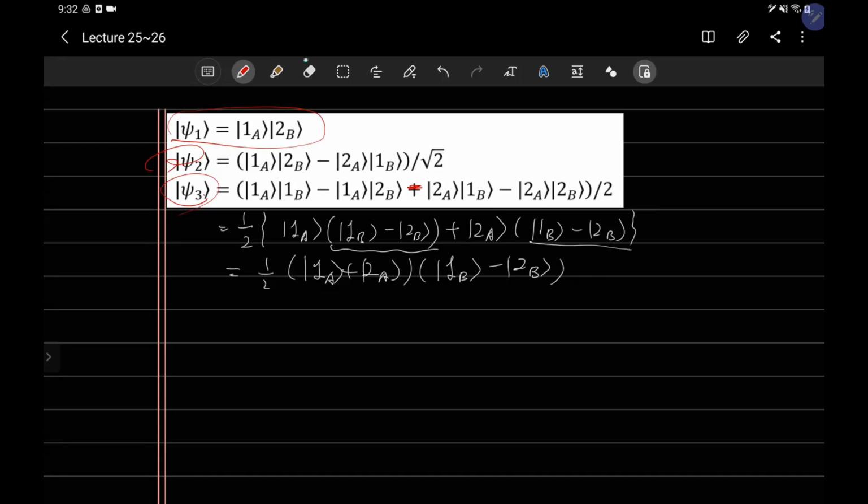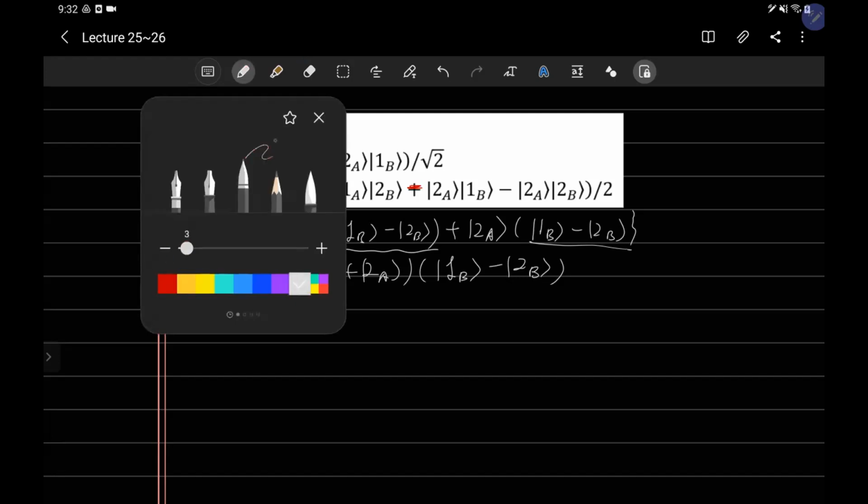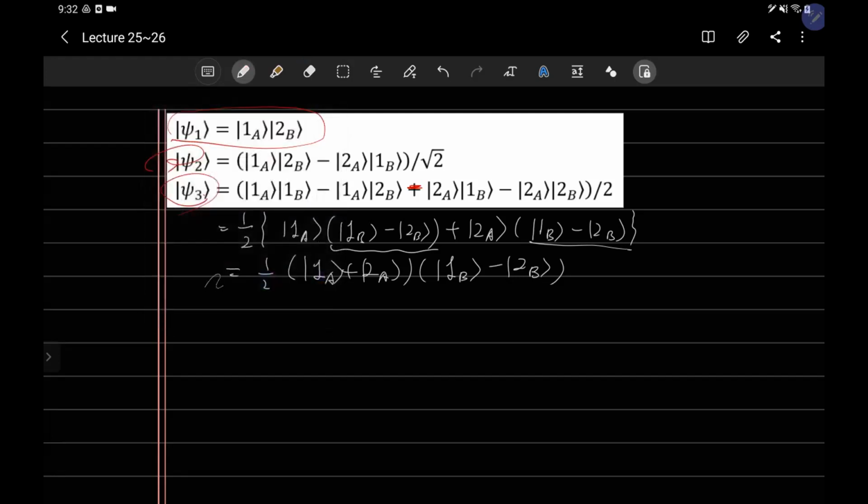And moreover, one of the examples I'm going to use in today's lecture is that let's say we have psi 4, which is 2 times 1a 1b minus 1a and 2b, and we will have this 2a 1b, and finally we will have the plus 2 and 2a and 2b, like this.